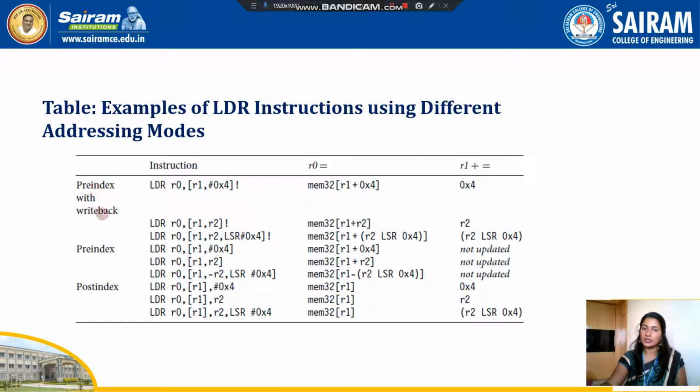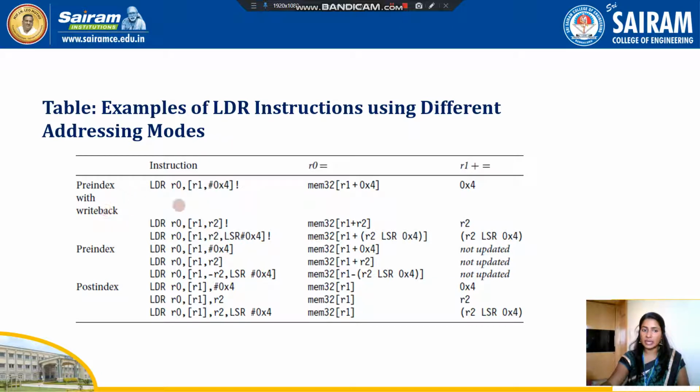This is for pre-index with write back: LDR R0, [R1, #4]. From this instruction, we'll fill the second column, where we have to write the memory.